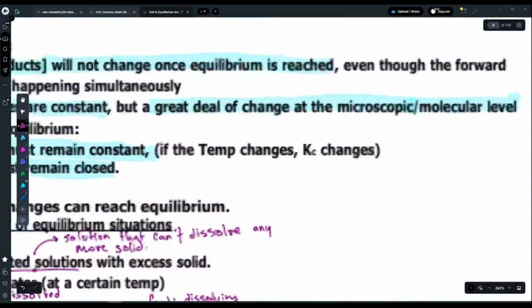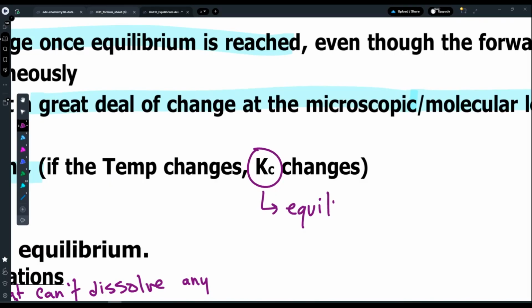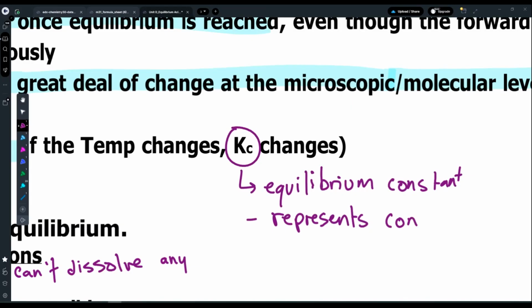Now, one thing we should make a note of. I did say this, I just didn't write it down. K is called the equilibrium constant, and it represents the amount of products compared to reactants.